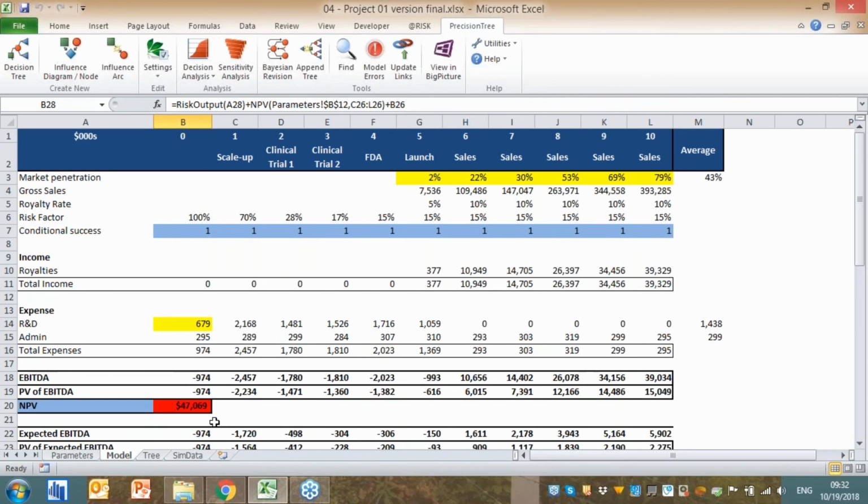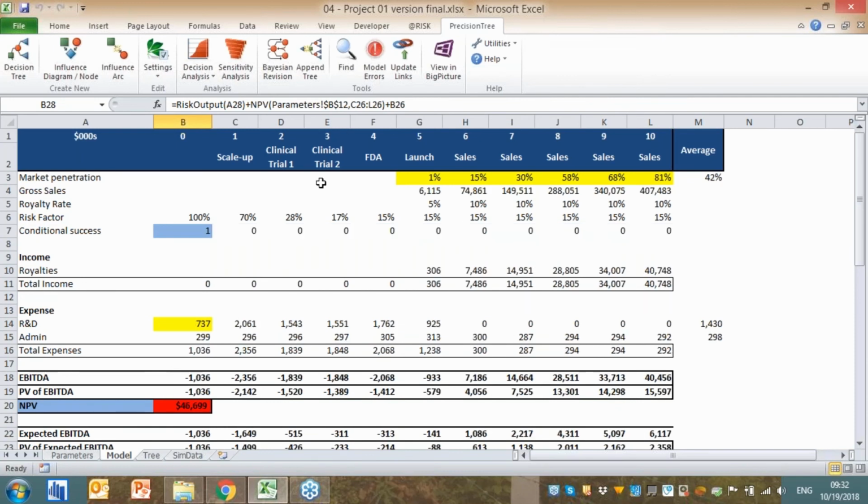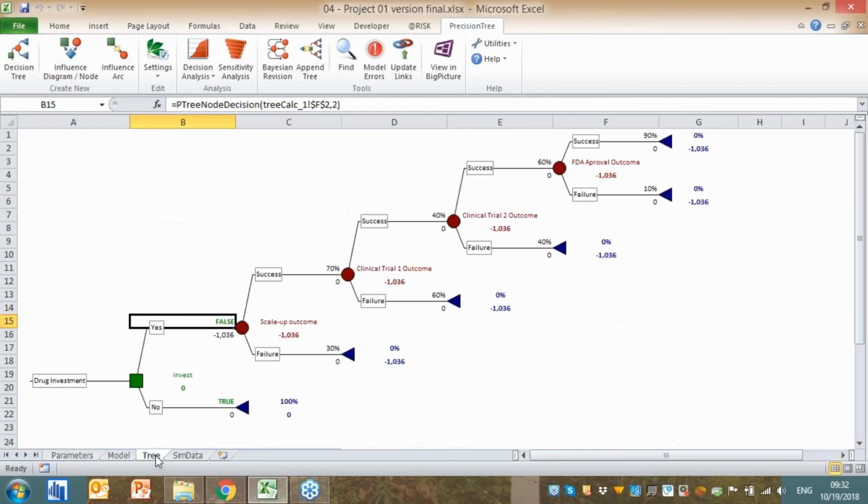But then see what happens on the next stage. Let me F9. For example, in this one, I didn't even make it to the scale up stage over here. See what's happened with the tree. The tree in this case has become a false on yes. In other words, do not proceed to your drug investment endeavor.